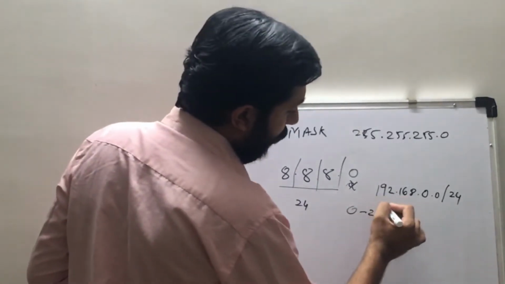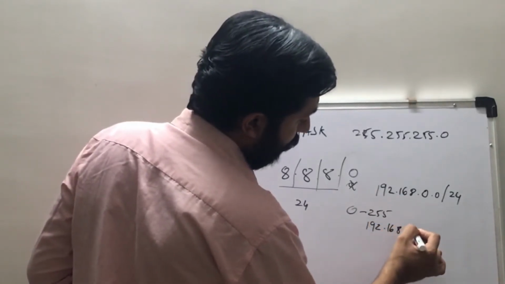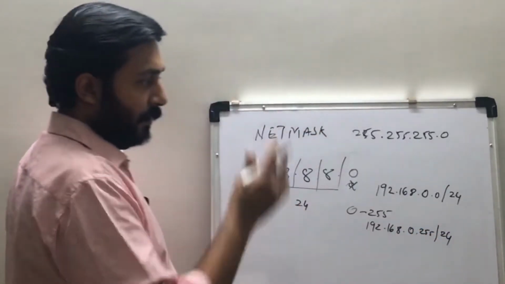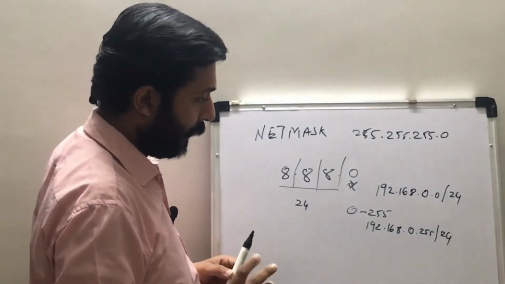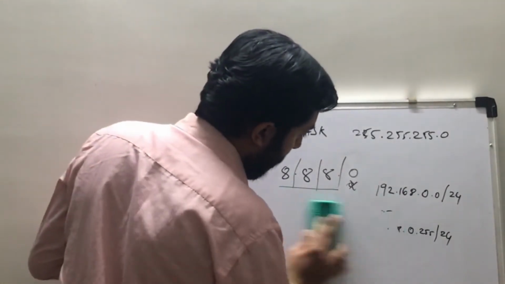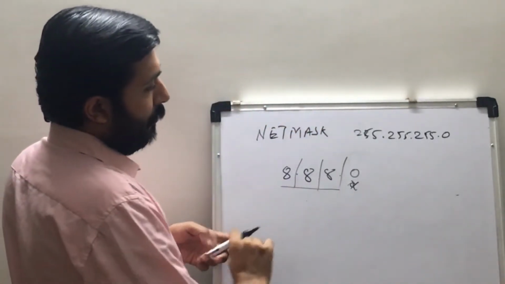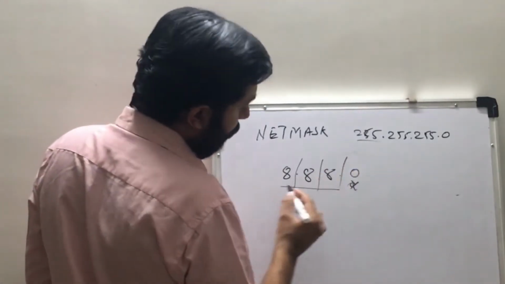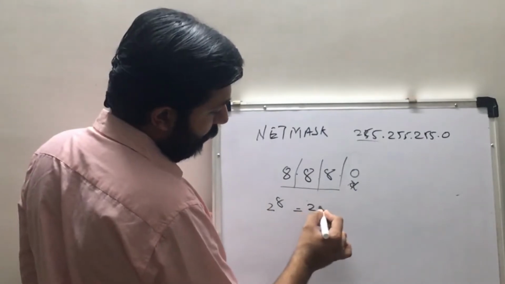So 192.168.0.255 is your last IP in this subnet or subnetwork. Now, how did this 255 come? It is because this is 8, so 2 raised to 8, that is 256.